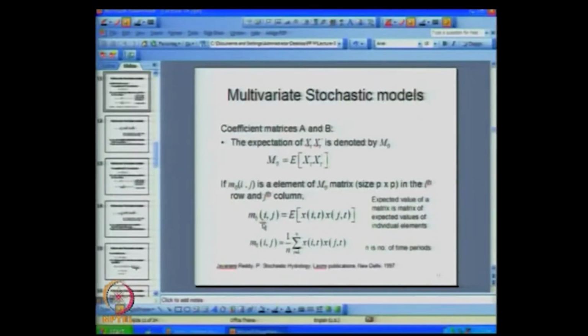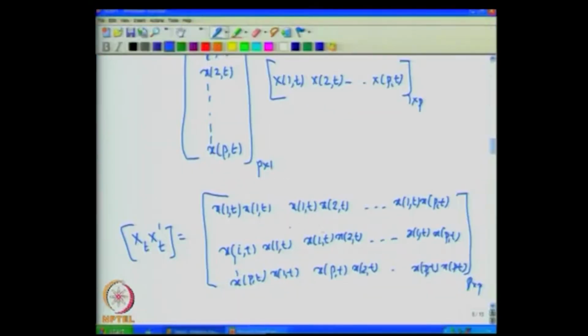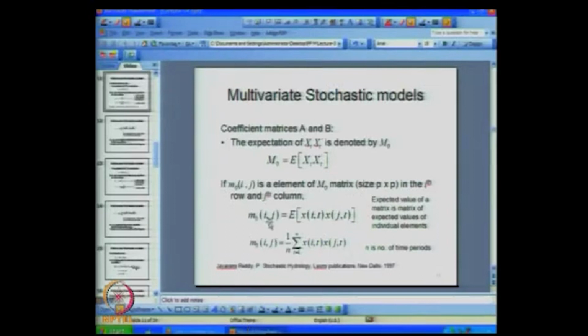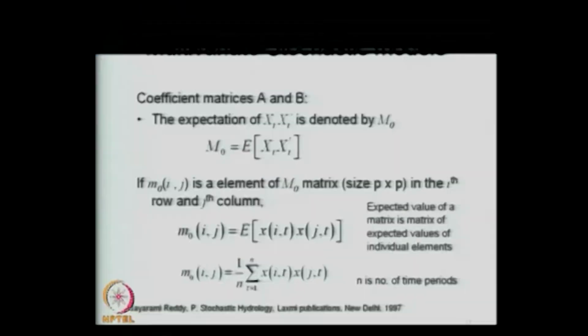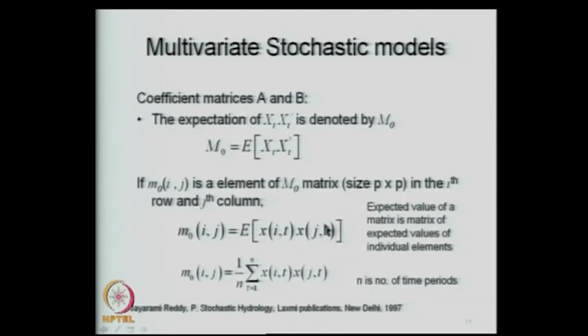An individual element there, at any point, is x i t x j t, and then you are taking the expected value of this. What do I mean by expected value? It is the time average that you are taking at that location i t and j t.